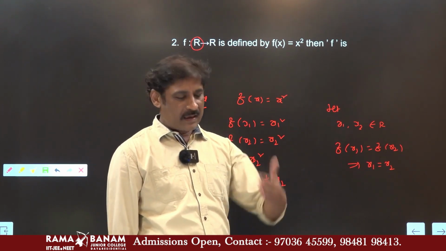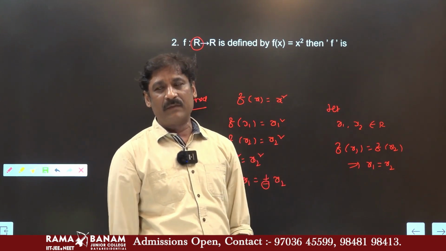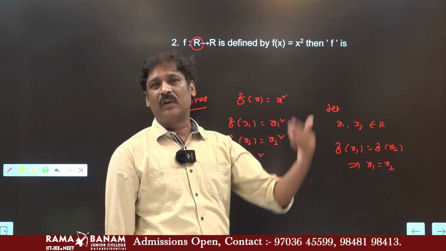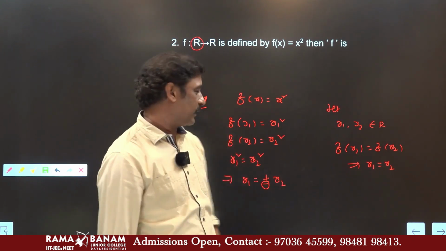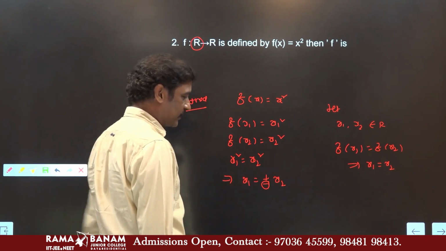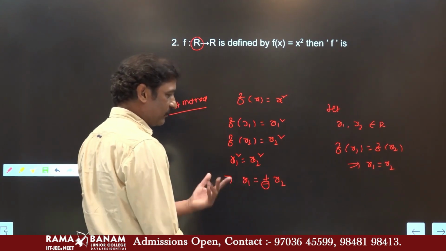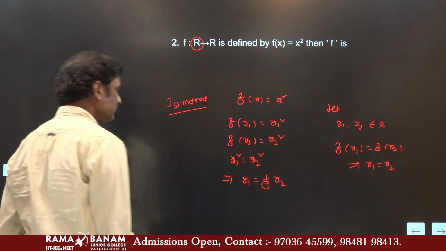As per the graph, a 1-1 function cuts only at a single point, and a many-one function cuts at more than one point. Here we got x1 equal to plus or minus x2. We got a negative sign here, so it is not a 1-1 function.